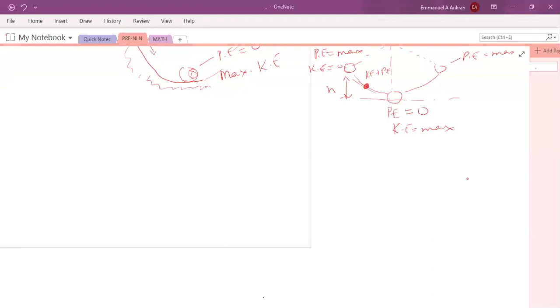Okay. Page 232. Let's look at number 13.